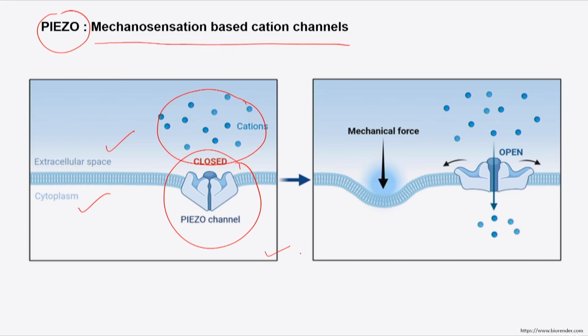The cell may or may not need those cations, but once the cations are required, there is a possibility that these Piezo channels can open, and this opening can lead to the internalization of these cations into the cellular system. It has been shown that when there is a mechanical force on the cell membrane, these ion channels open and give entry to the cations into the cellular mass.